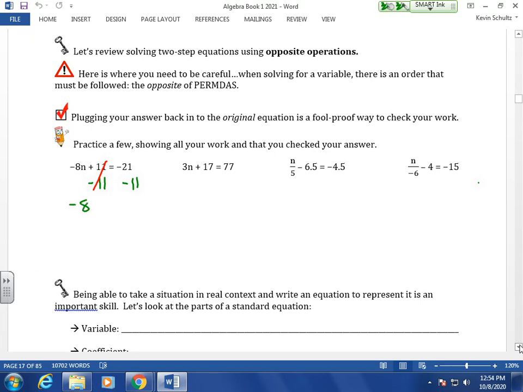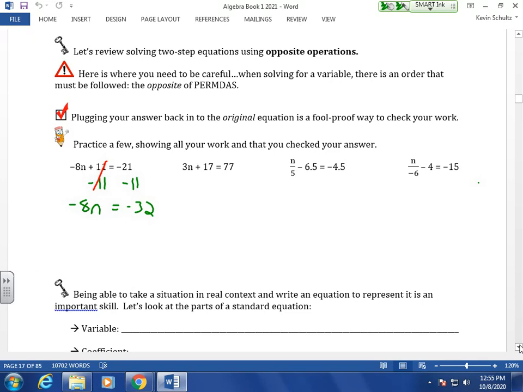And that's what we want to be looking for when we're solving an equation such as this, right? In the original equation, we're multiplying n by negative 8, and then we're adding 11. So to undo that, do the opposite of the operations in the equation, we're going to start by subtracting 11. That cancels that constant out, and we're left with negative 8n equals negative 32.